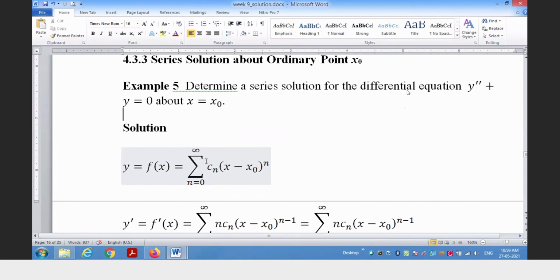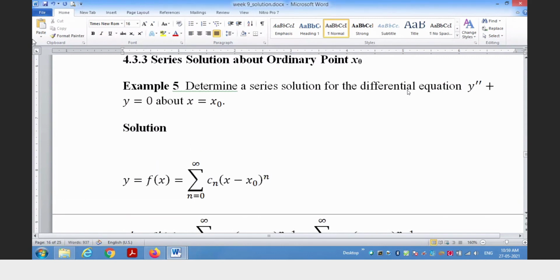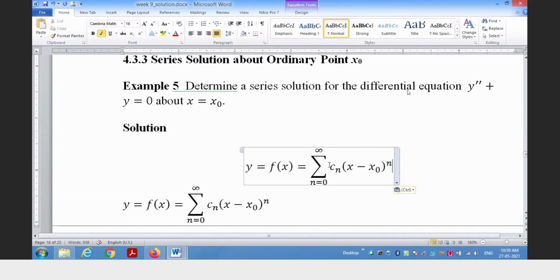Before this, we replaced x naught with 0, and that's why we had x power of n.